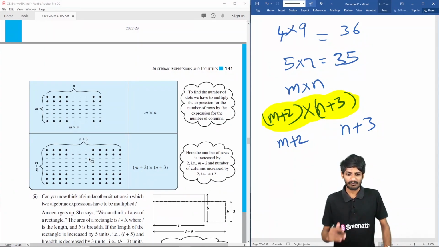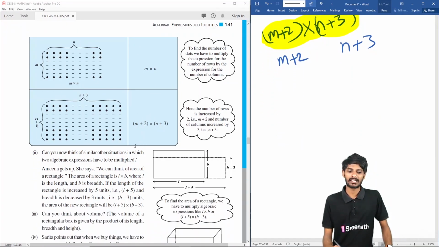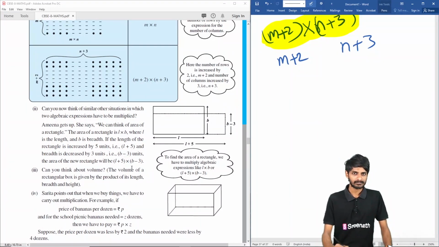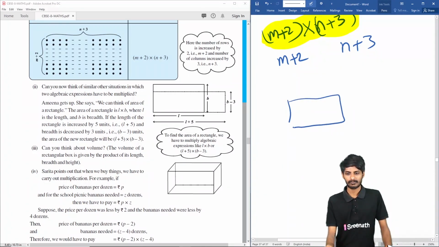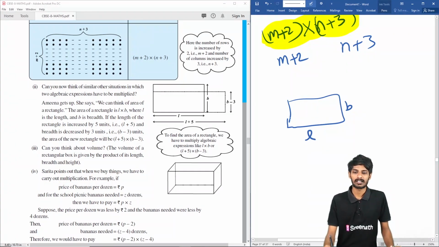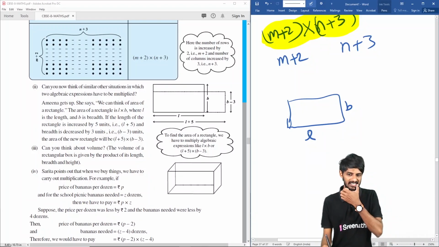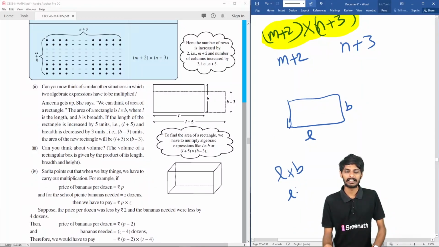Okay. Now I will show some practical situations where we apply multiplication. Now there is a rectangular area, okay students, whose length is L and whose breadth is B. So it is a rectangle with length L and breadth B, and its area, as we know, is L into B, simply LB.